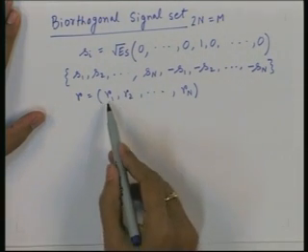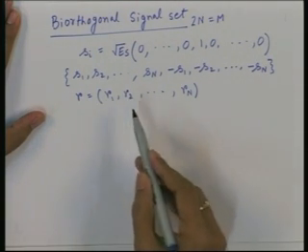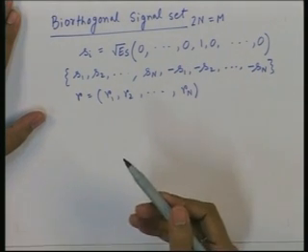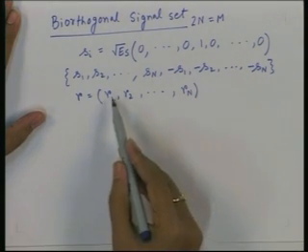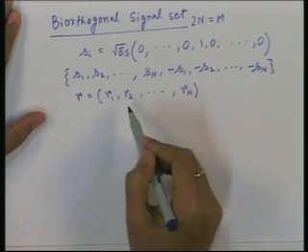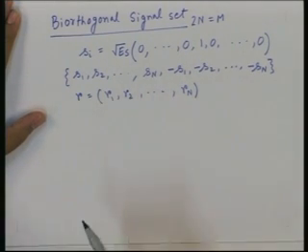That is, if it is negative, we take the negative of that to make it positive. We make all the components positive and then take that component which is the maximum.